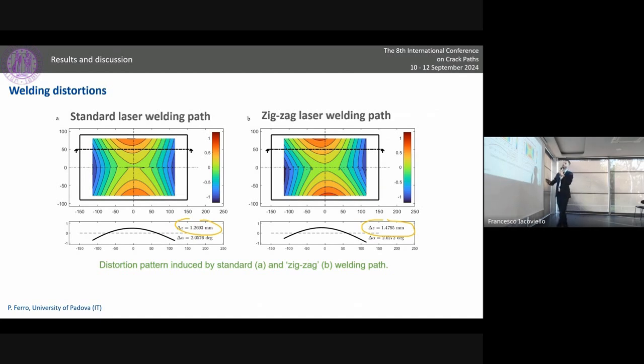And if we consider also the cross section here at 50 millimeters far from the welding line, we have this behavior and the values of the distortion delta Z. It is quite similar in the two cases, with a little bit of increment for the zigzag welding path, but the differences can be considered negligible, in my opinion.